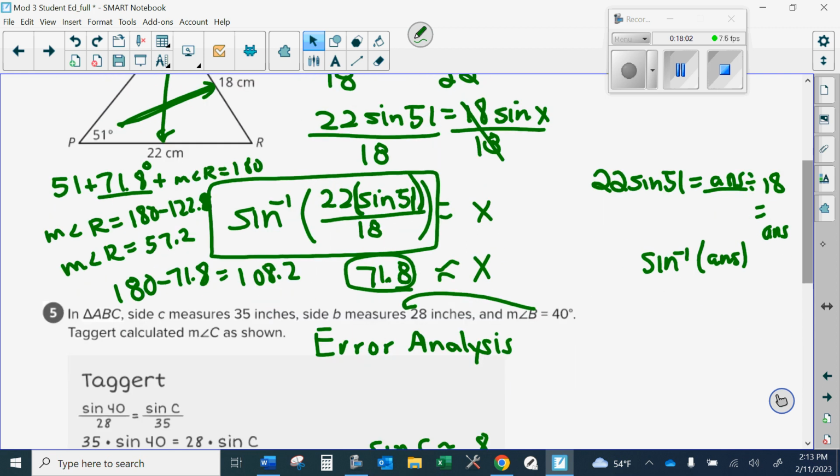Okay, or I could use this as the 108.2 and then add that to the 51. I get 159.2, and then the measure of angle R in that case, 180 minus 159.2 is 20.8. Okay, so those would be the two possible answers for the measure of angle R. But we're calculating the angle C.